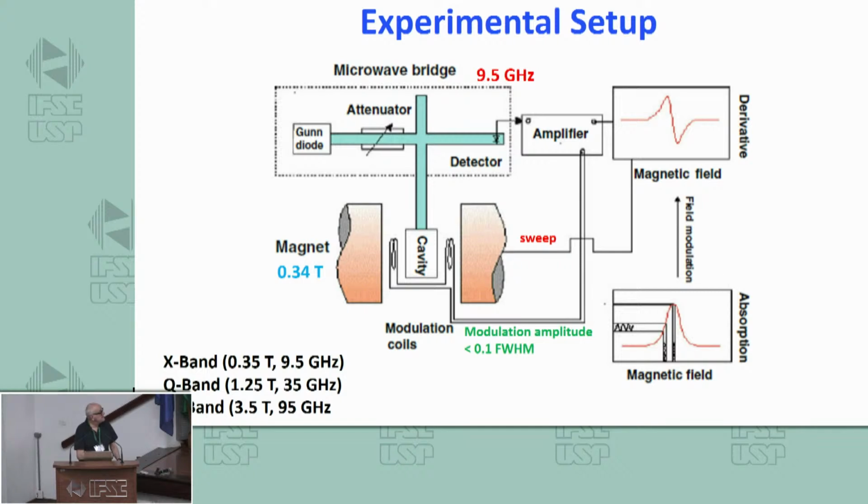The field is linearly increased by increasing the current in these electromagnetic coils, and then we record the detector signal. The detector signal will remain constant as long as the sample does not absorb any radiation from the electromagnetic wave here.